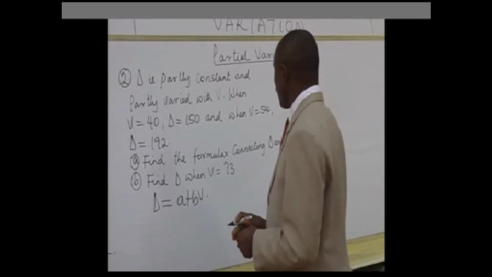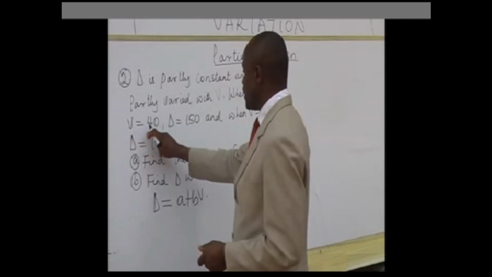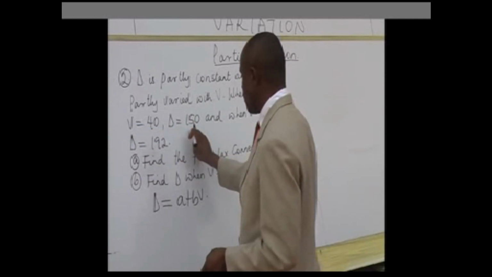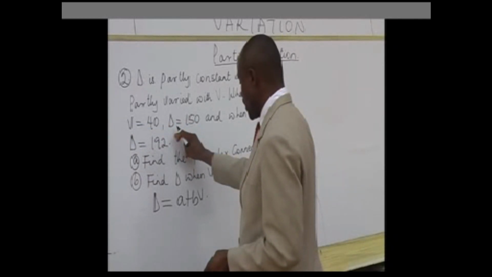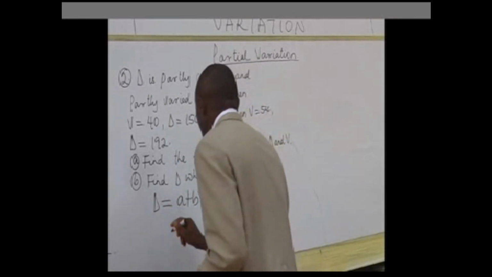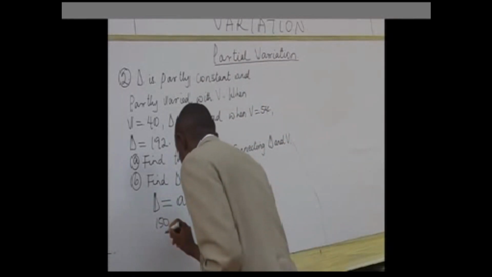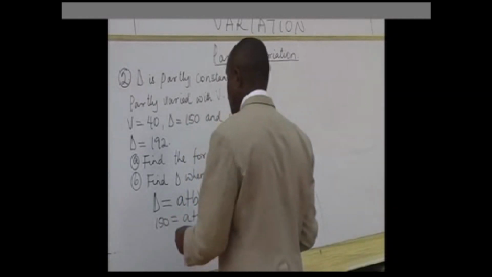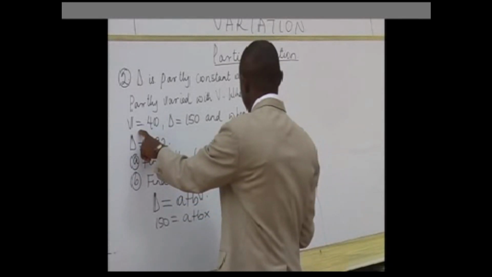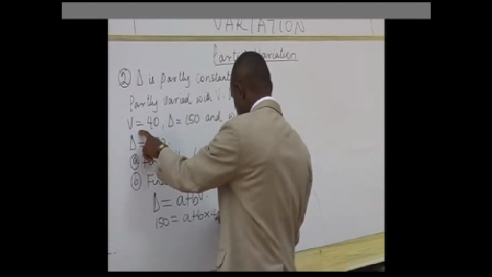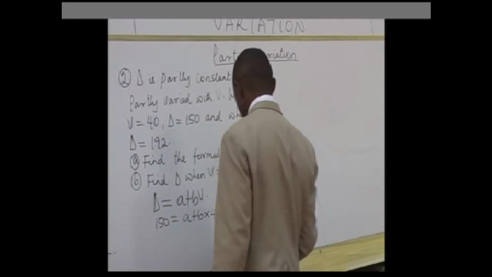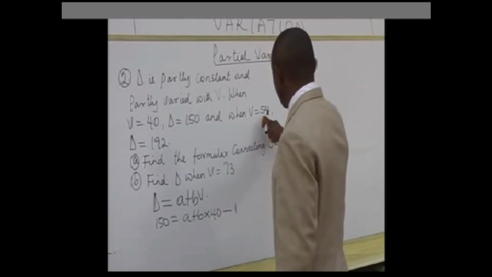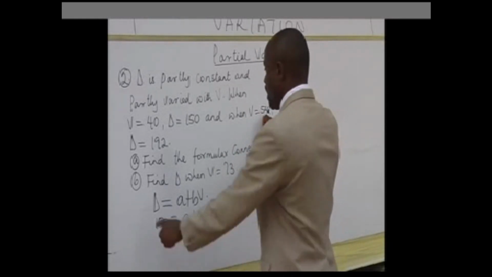Now, when V is 40, D is 150. Substitute 40 for V and 150 for D to get your first equation. It's going to be D is 150 is equal to A plus B times 40. Secondly, when V is 54, D is 192.